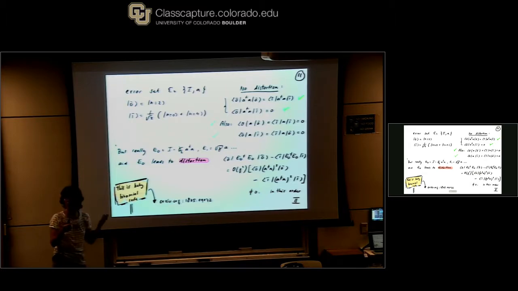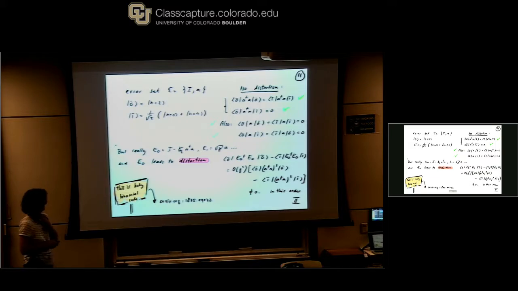We have one bosonic mode, and the error set is either identity, which is basically no error, or A. Those are the two errors, so I just have to look at these types of inner products. And then the code I choose is this. This is the smallest of a class of codes called binomial codes. If you want to know more, but this is the baby one.